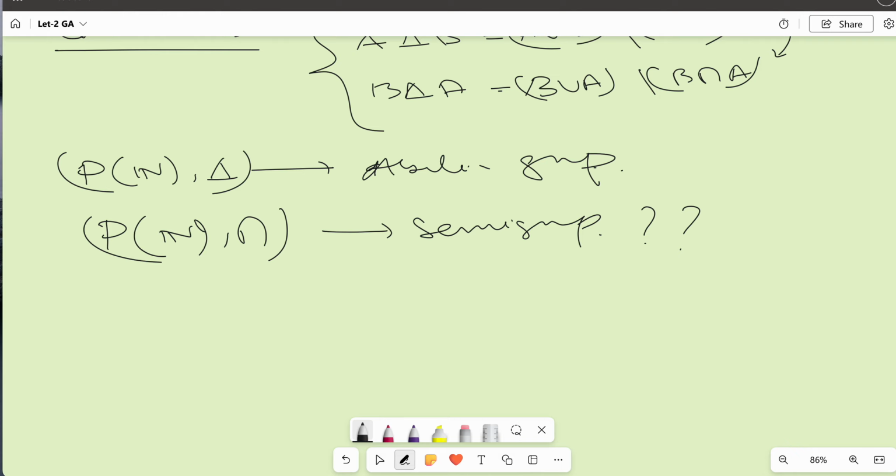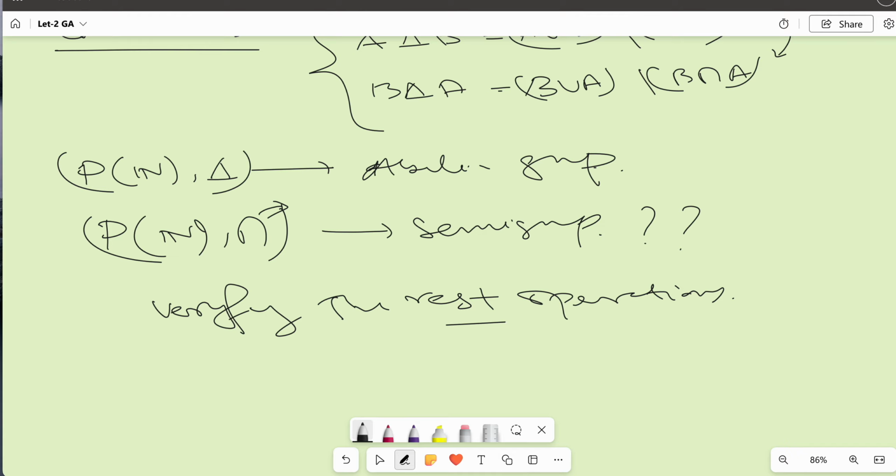The associative, of course, this is associative, you just have to prove. Associative is also, and distributive is also. So you verify the rest of the operations, right?